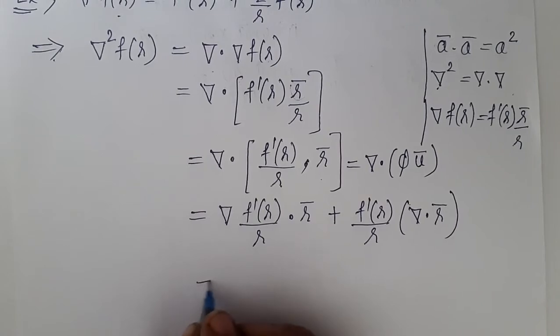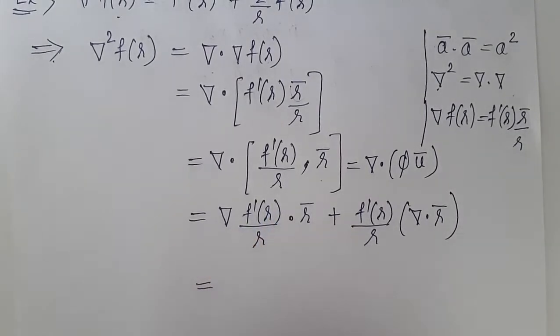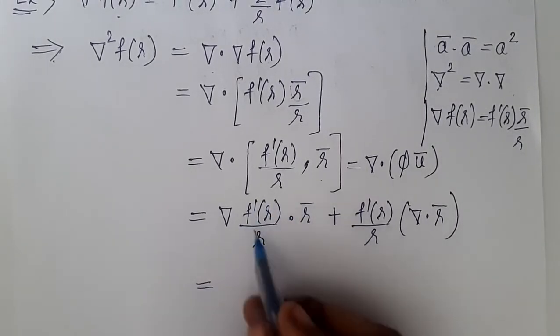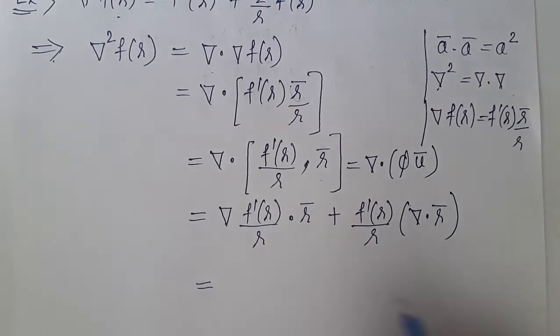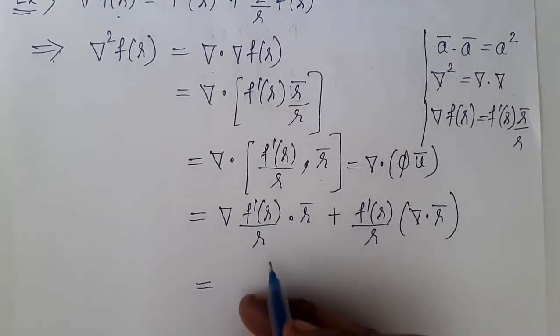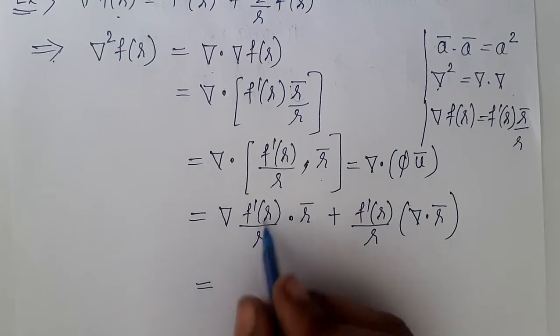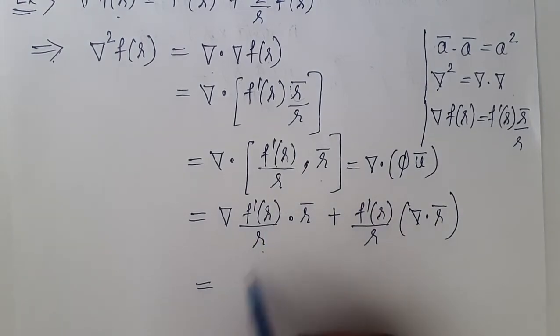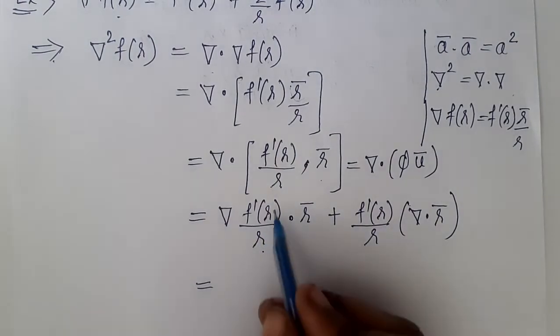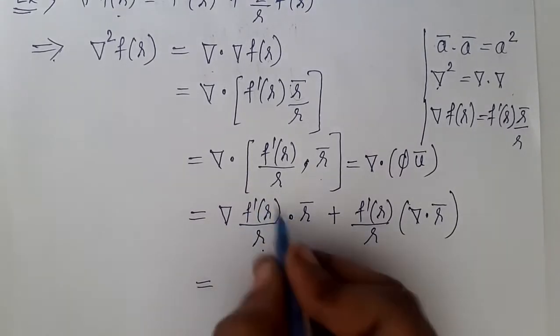So this is equal to del of f dash of r by r. Now this is a scalar quantity. The only thing we have to find out is its derivative. So for the derivative of u by v, two functions, we use the quotient rule. So use the same thing here.